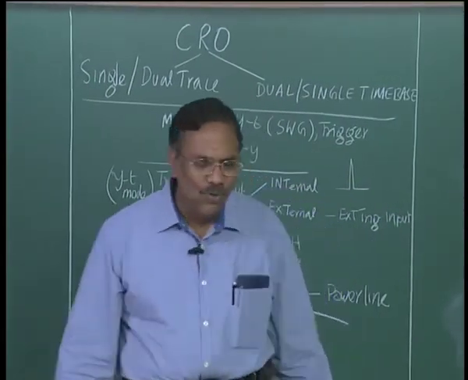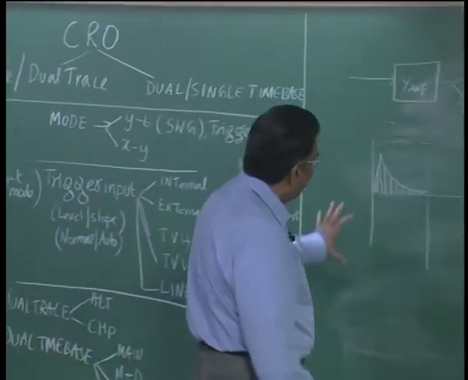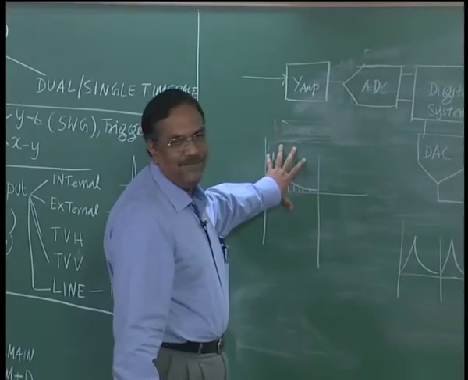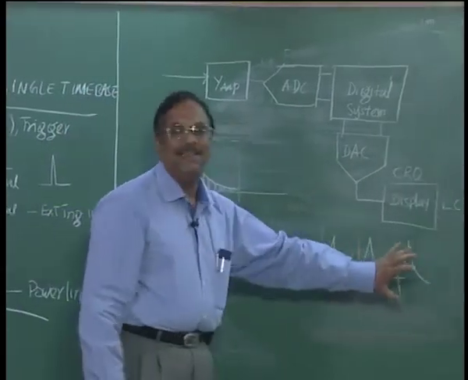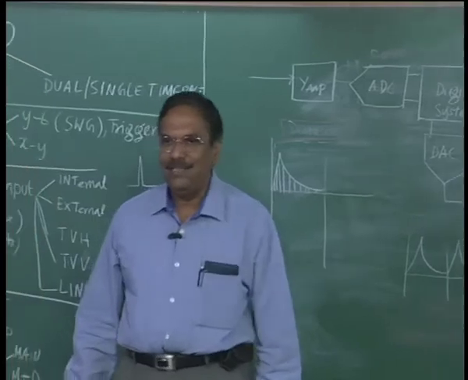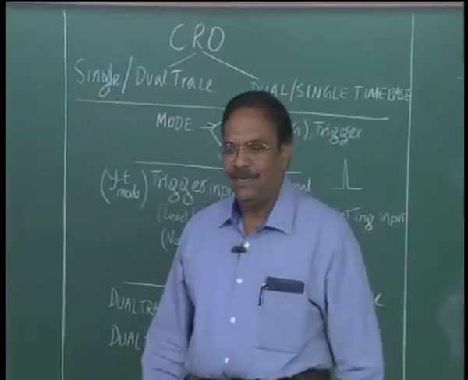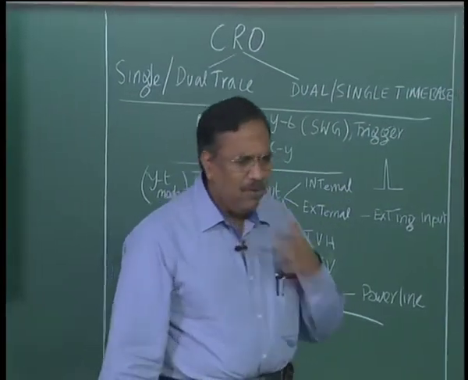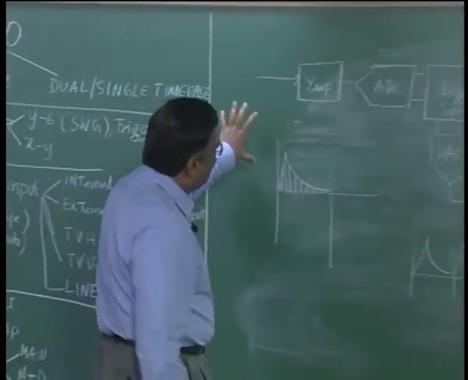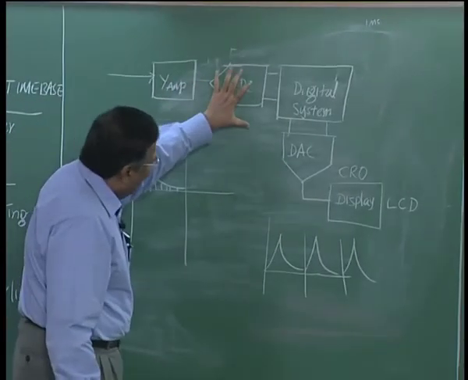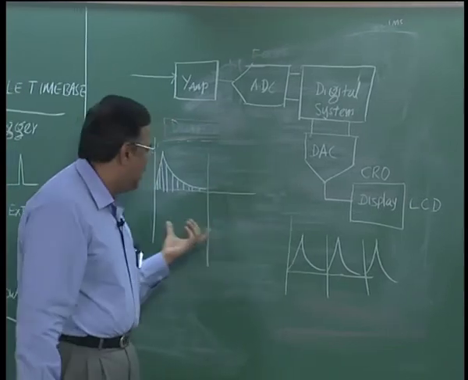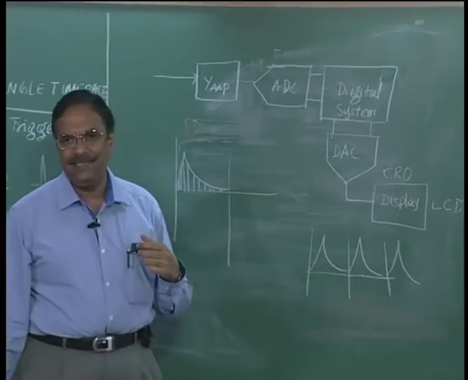When we view single shot events, please understand that we capture the single shot event, repeat it again and again and view it on the screen, right. So when we look at this particular system, the ADC decides what kind of signal I can see, right.